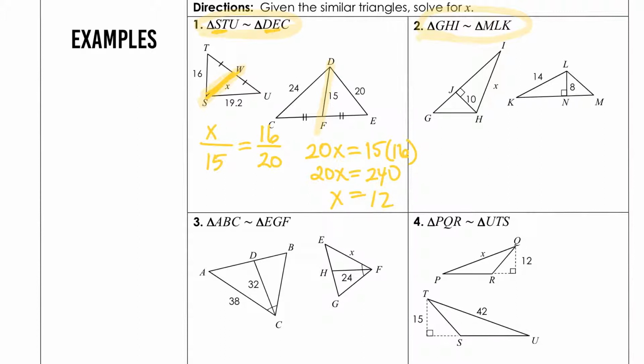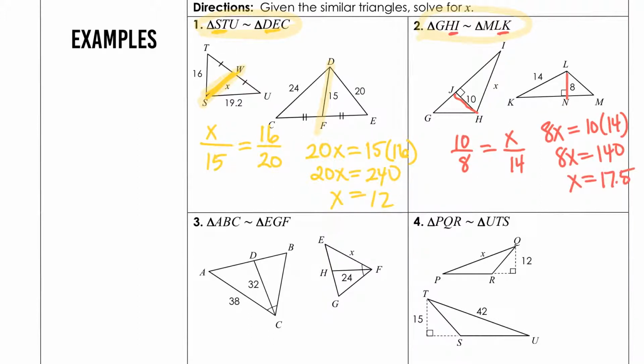Number 2, we have the two altitudes, HJ, LN. So we're going to say 10 to 8 would equal x to 14. By cross products, 8x equals 10 times 14, where 8x is equal to 140. Thus, x equals 17.5.